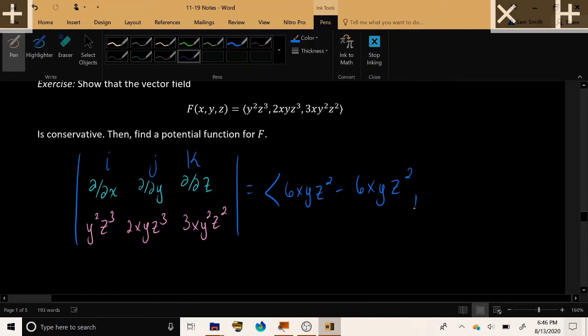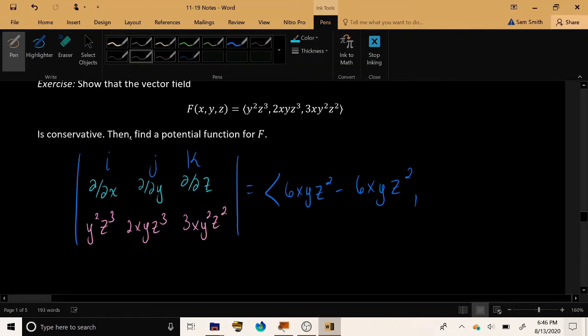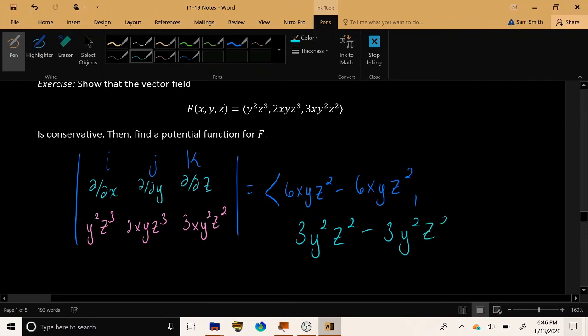If the curl is to be 0, then all 3 components of the curl must be 0. Now looking at j, we have the partial derivative with respect to x of 3xy squared z squared, so 3y squared z squared. And then we're subtracting the partial derivative with respect to z, so minus 3y squared z squared.